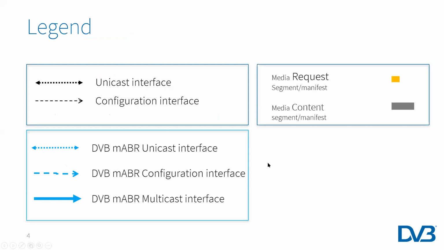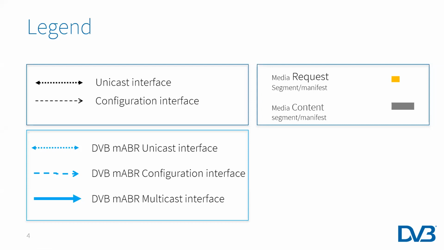So you will see the dash arrows and configuration interface, and these arrows will be black or blue if they are concerned and impacted by the DVB-mABR specification. In addition, you will also see a big, thick, plain blue arrow, which is the multicast interface in itself.